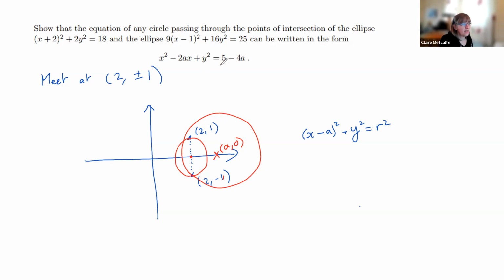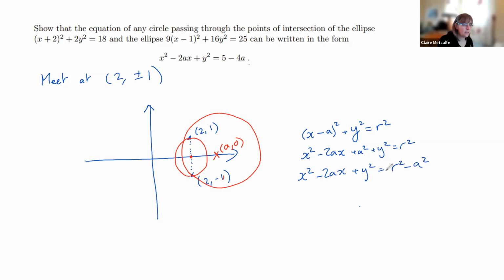This bit is slightly trickier. So let's start by expanding this. We get x squared minus 2ax plus a squared plus y squared is equal to r squared. So we get x squared minus 2ax plus y squared is equal to r squared minus a squared.